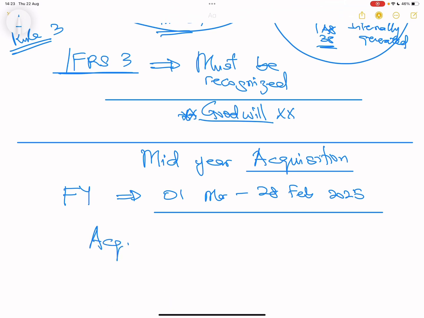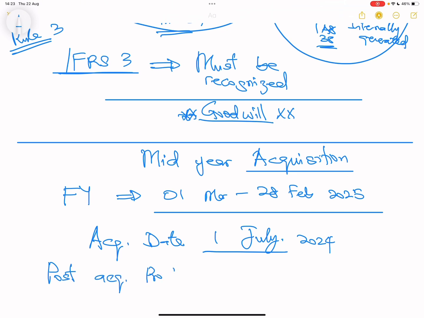Acquisition can take place anytime. Let's say acquisition date is 1st of July 2024. Where they try to confuse you here is how do you calculate your post acquisition profit? That's all you need to know here. This concept.